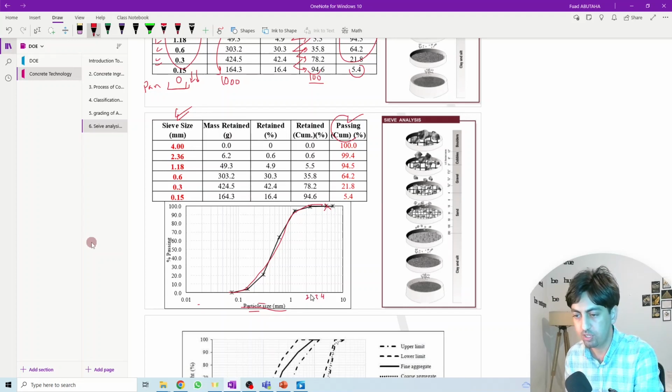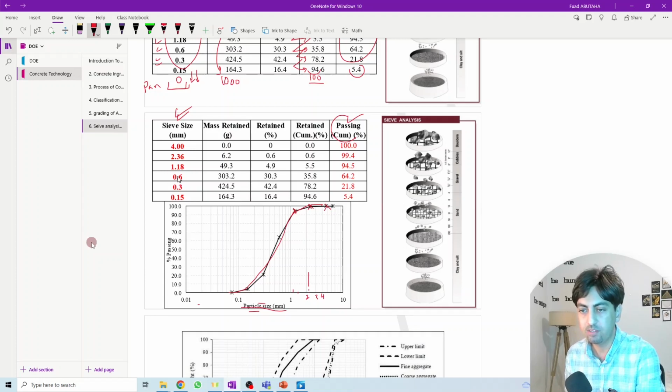This is 2, this is 3. 2.36 will be somewhere here, and it will go up to 99.4. So this is 99.4. Then we have 1.18. This is 1, this is 2, this is 1.5, this is 1.18. It will be somewhere here, and it will go up to the value of 44. So at 44, we have this dot.